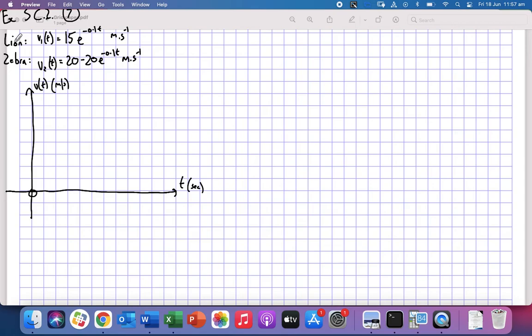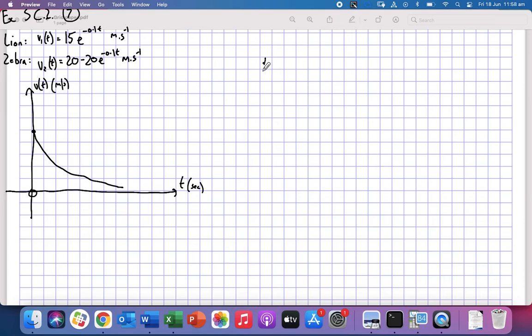So we said the line started at 15 and came down. Where can I put the 15? Maybe here. And it comes down like this. As t approaches infinity, I didn't do that, did I?